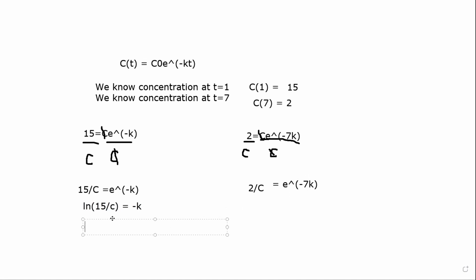Because if negative k is ln of 15 over c, then it follows that if I multiply this by 7, I get 7 times the natural log of 15 over c is equal to negative 7k. And the reason that I want that is so I can stick it here.